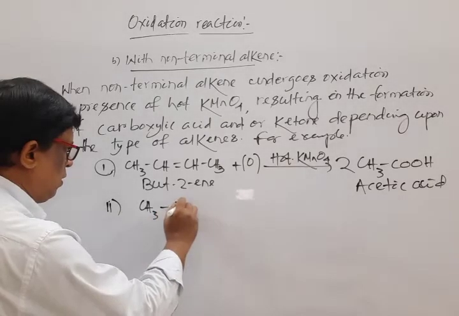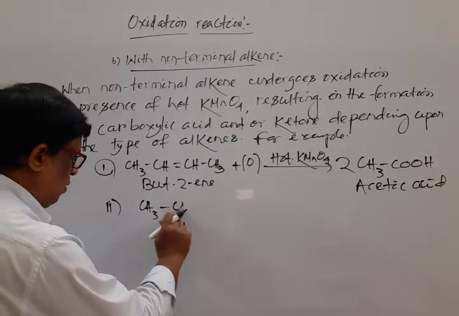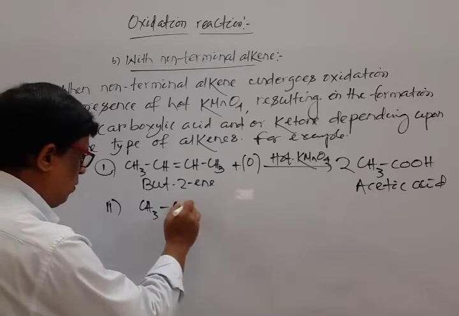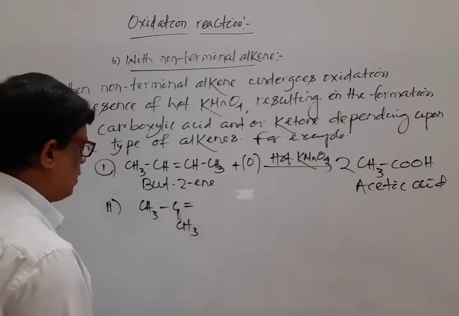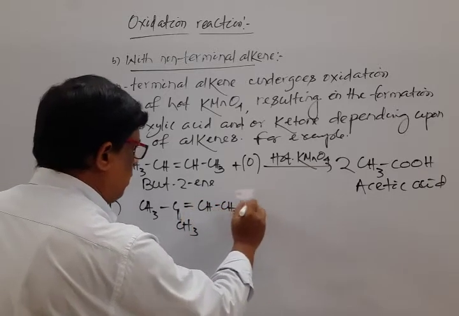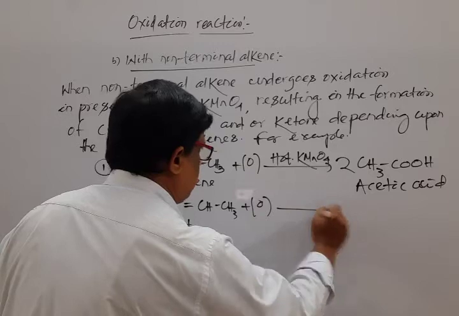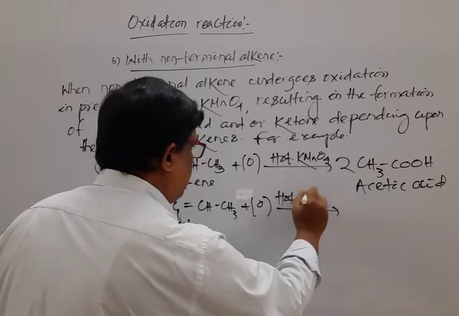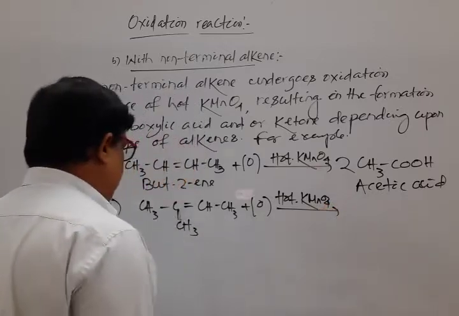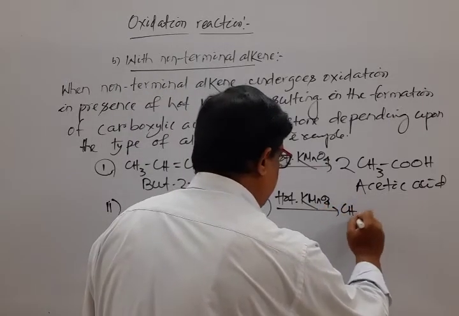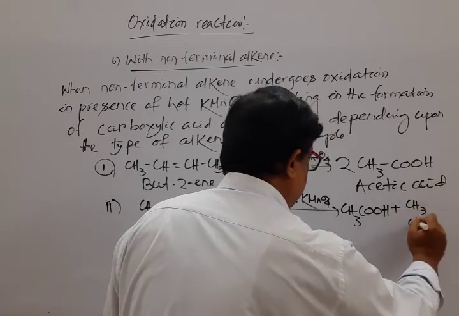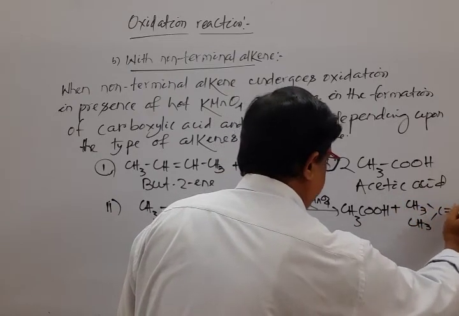Another example, CH3, with branching CH3, CH3, when there is oxidation with hot KMnO4, resulting in the formation of acetic acid plus acetone.